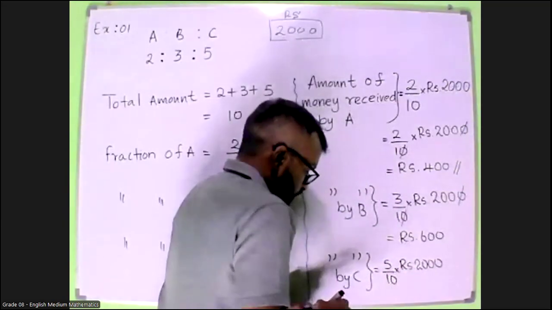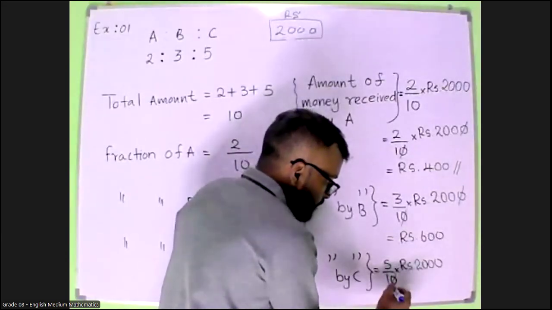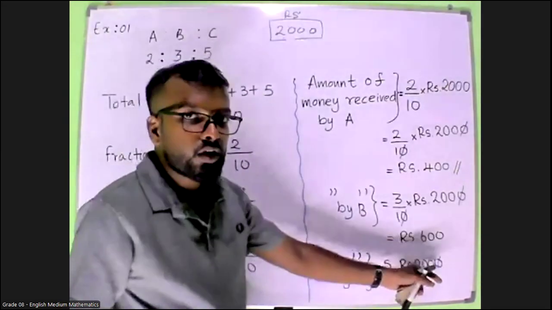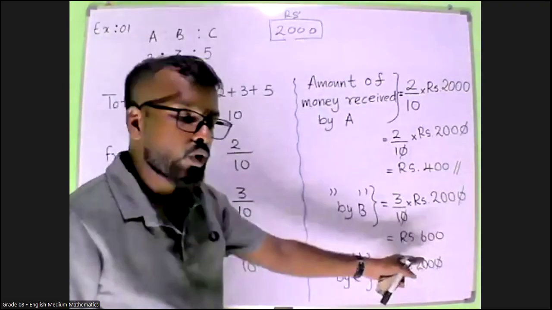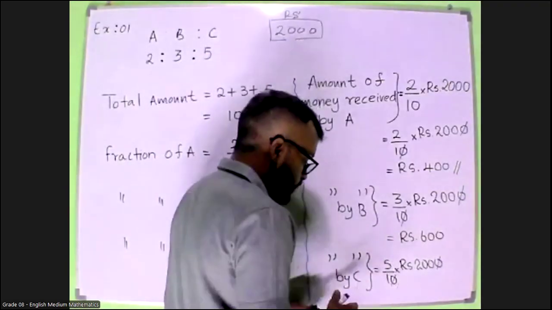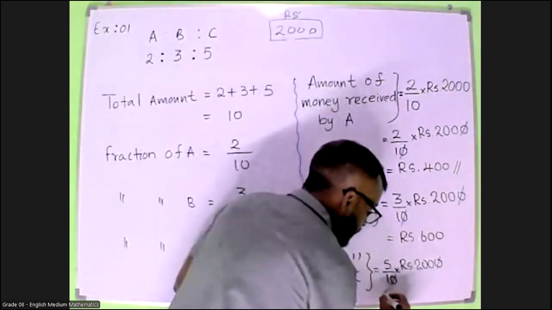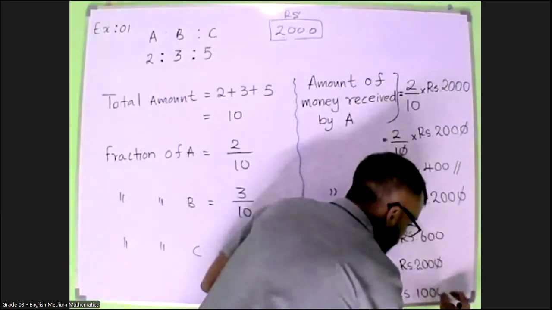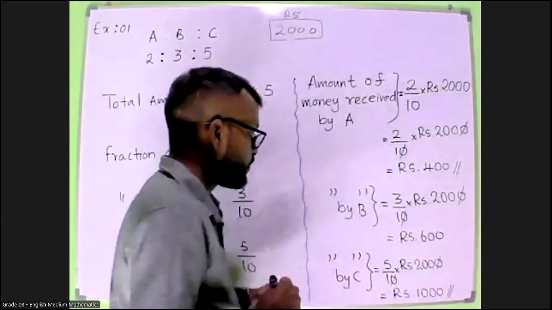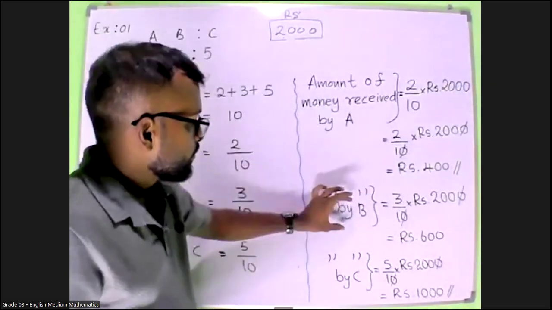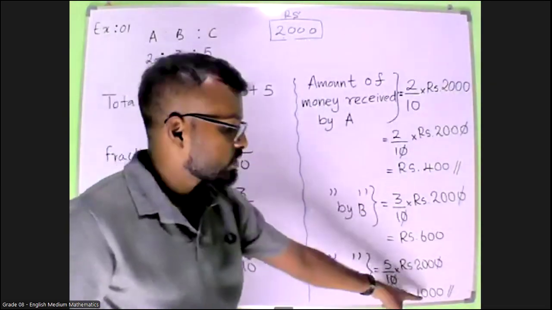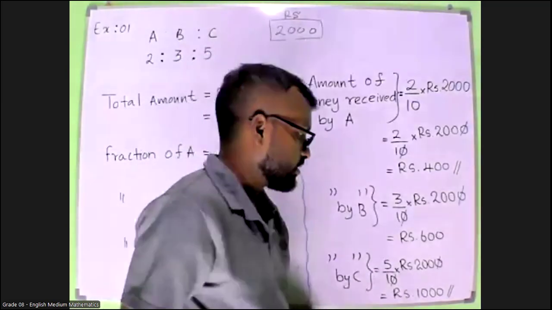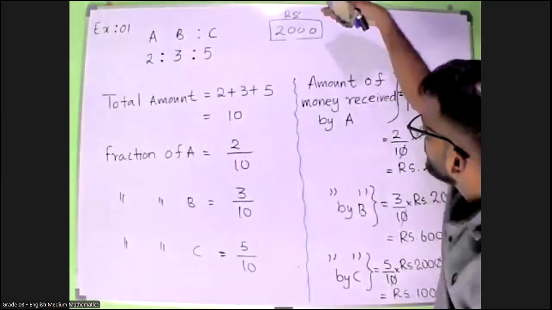So here again, cancel the zero. 2000 divided by 10 is 200. 200 times 5 gives 1000 rupees. So A received 400, B received 600 rupees, C received 1000 rupees. So C received the biggest fraction. Please write this down.